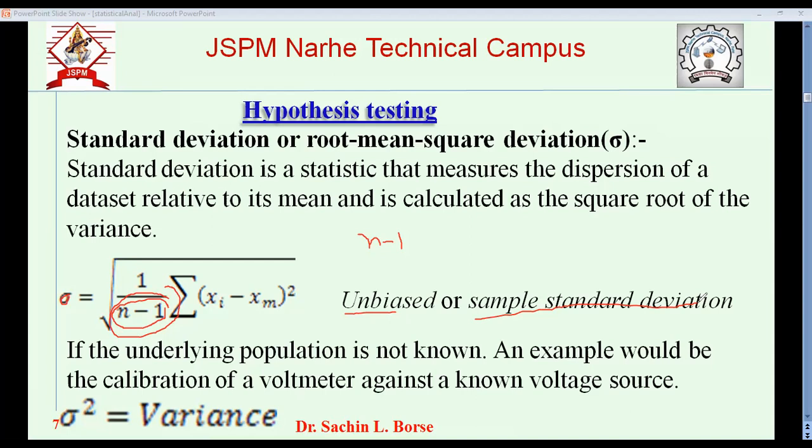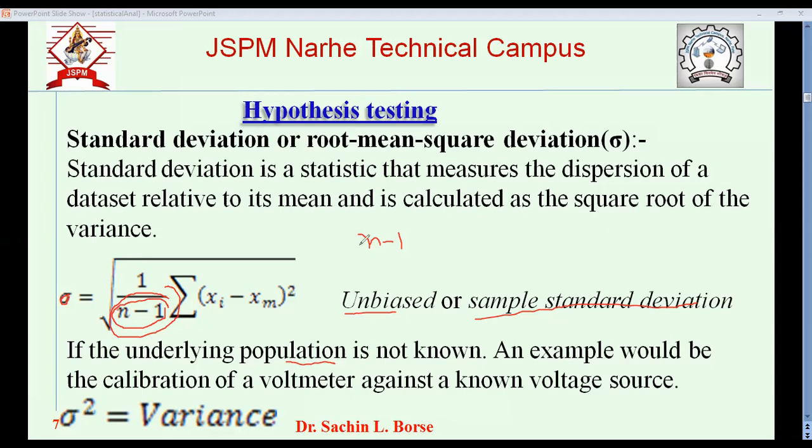Generally, we use this sample standard deviation when the population is not known, like when we want the calibration of a voltmeter against a known voltage source. So we need to understand these two formulas. One is for population, one is for sample.